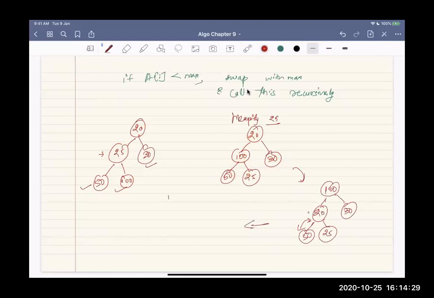So this gives you 100, 50, 30, 20, 25. And you are at the leaf. So this is now a max heap. So just by calling max heapify, starting from the node n by 2, in this case n is 5, n by 2 is 2, up to 1, you were able to get it.